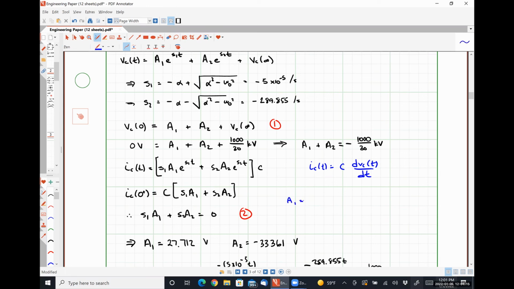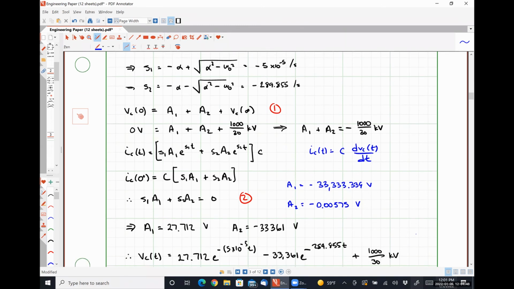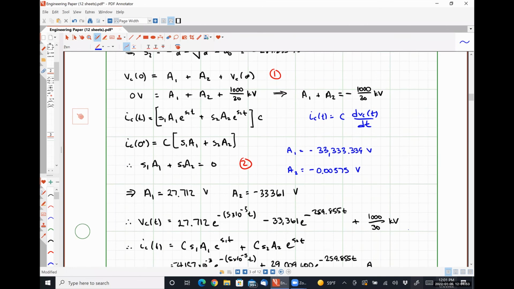I got A1 to be negative 33,333.339 volts, and A2 to be negative 0.00575 volts. So we got a big A with a small S, small A with a big S, so the S1, A1 will equal S.